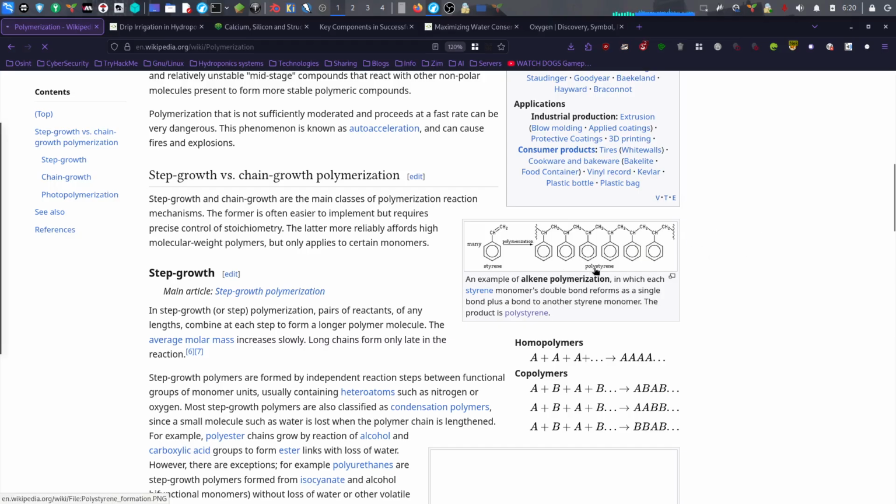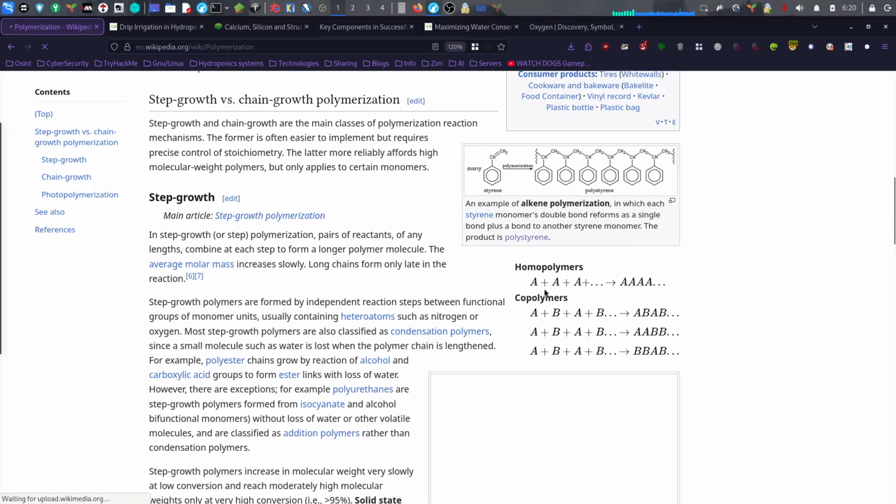And this is polystyrene, poly means this chain, CH2CH. This part is a monomer, and we add this part, and this makes a chain. A plus A plus A equals A, or polymer. This is the monomer.